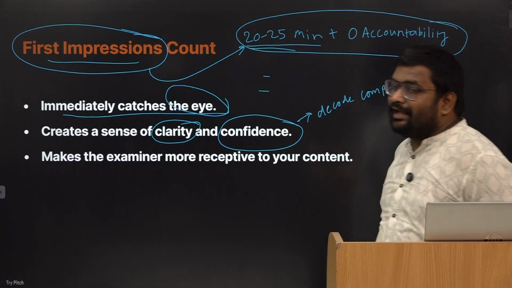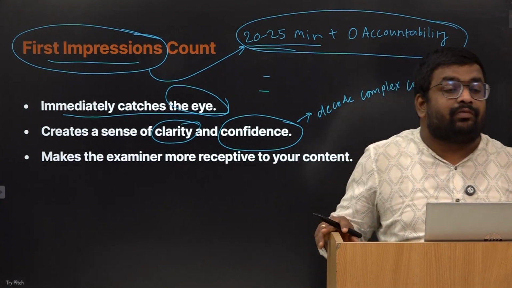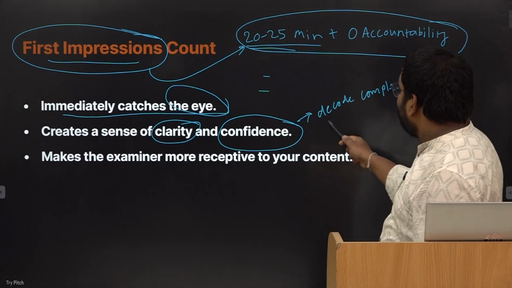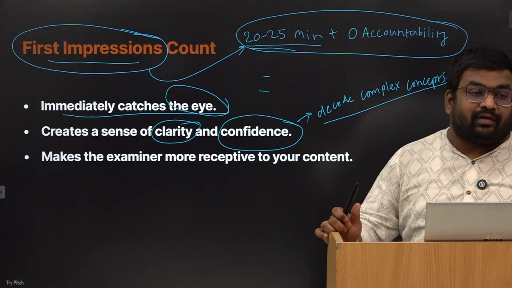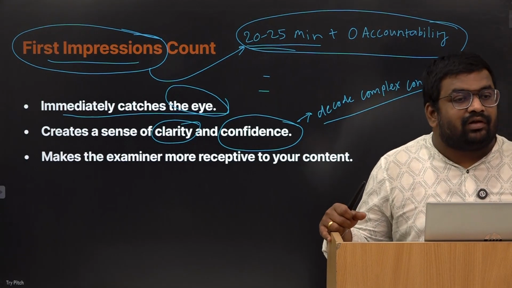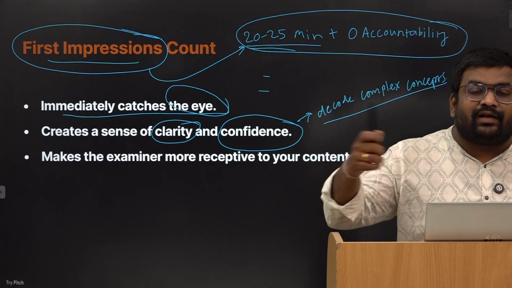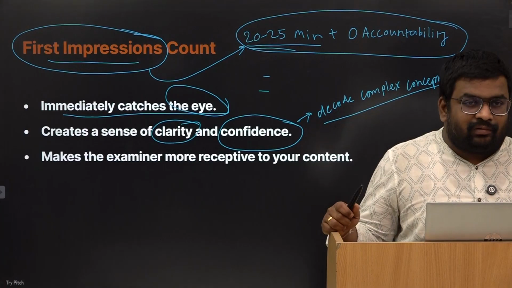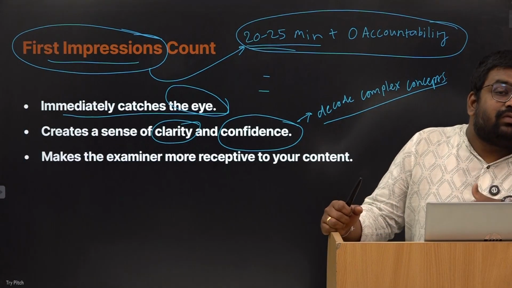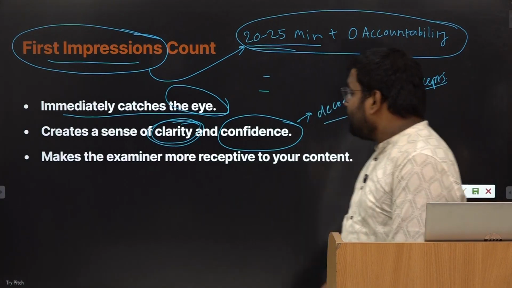For example, the diagrams of the cyclones or diagrams of any of the processes, just simplify and present it in a very simple manner. For example, the impeachment process of the president, rather than writing it in point format, if you use a flowchart highlighting the step-by-step process, that will give the sense of clarity in your thought and conceptual clarity.